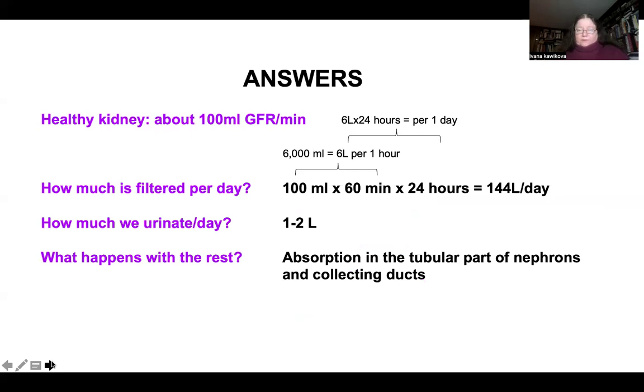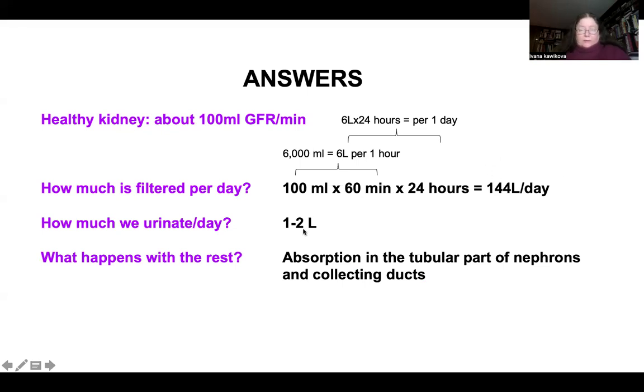So I hope you paused the video, but here are the answers. A healthy kidney has a glomerular filtration rate of about 100 milliliters per minute. And 100 milliliters per minute means about 6,000 milliliters, so 6 liters, in 1 hour. And in 24 hours, we filter about 144 liters per day.